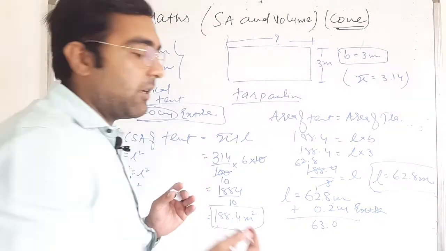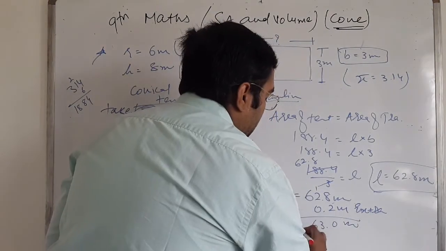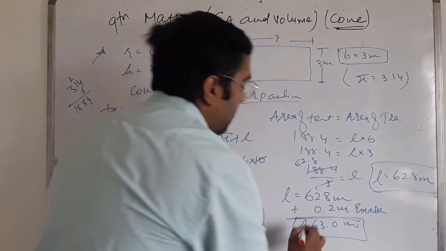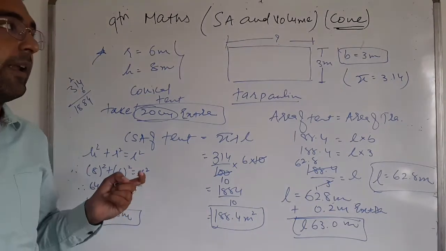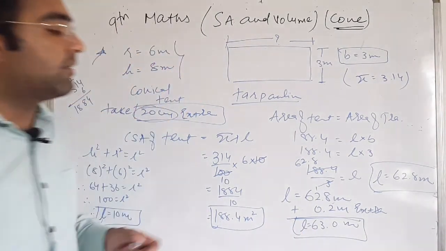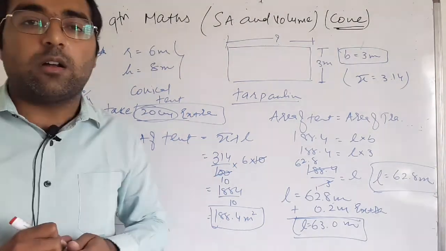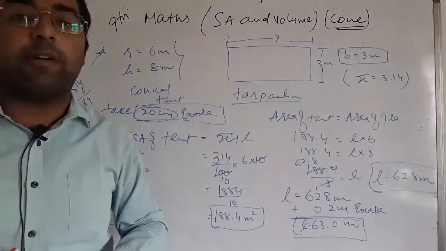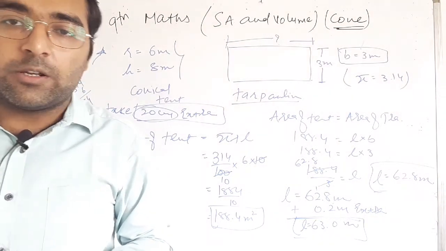We require 63 meter of length of tarpaulin to make a conical tent.